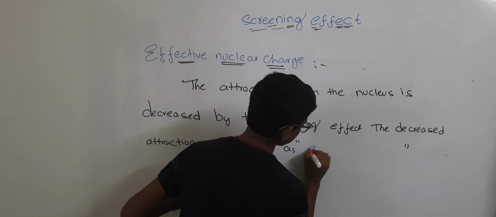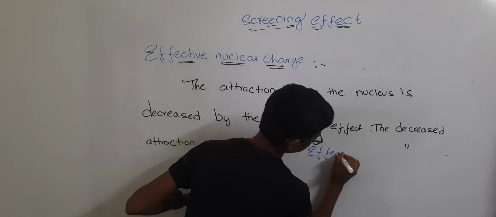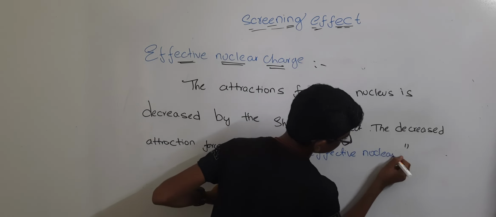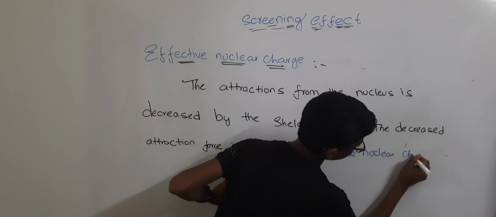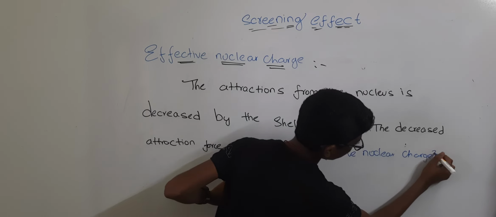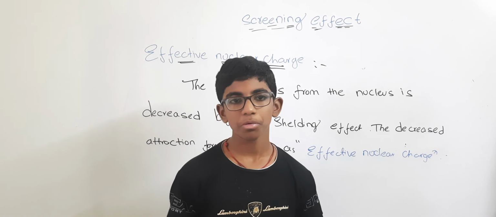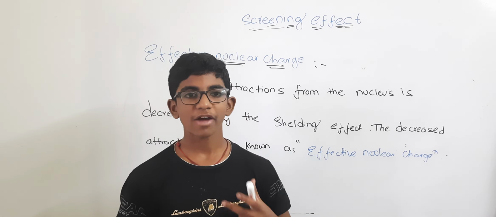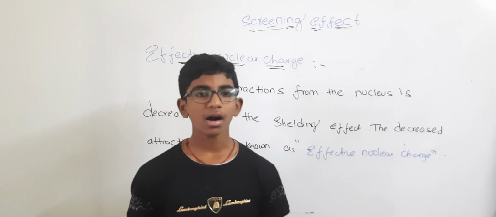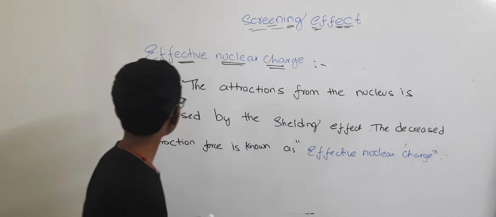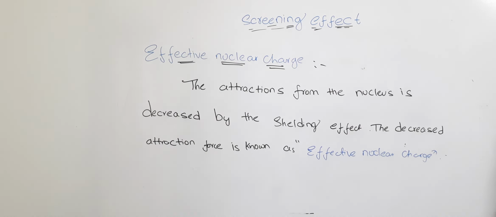For every atom, there is a distinct effective nuclear charge. When the effective nuclear charge increases, the atomic size decreases. This is a very important point. I think it is visible.